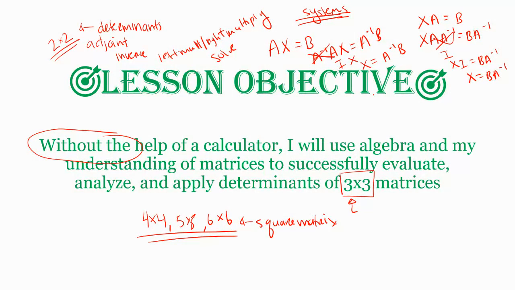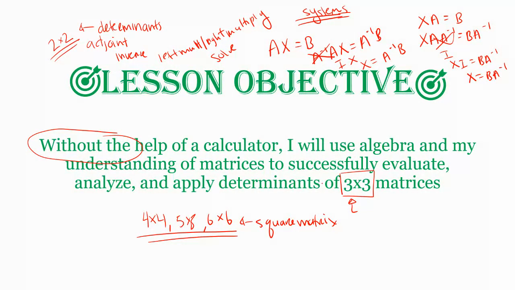So we are going to find the multiplicative inverse of 3x3s and 4x4s and 5x5s and so on, but that is stuff that's going to happen on a calculator, not because you are not fully capable of doing that, but because it is tedious. We want to emphasize that you know how to do it, and that at some point it doesn't need to happen by hand. You can demonstrate your understanding through 2x2 and then showing us the setup.